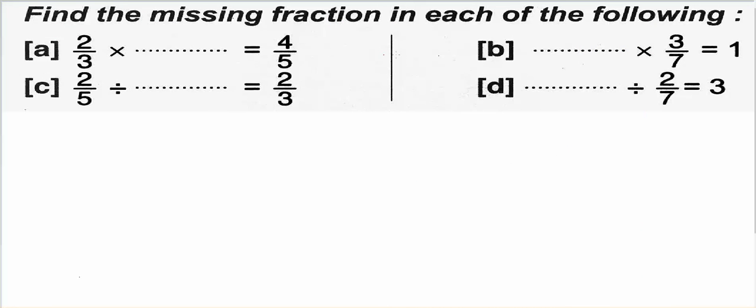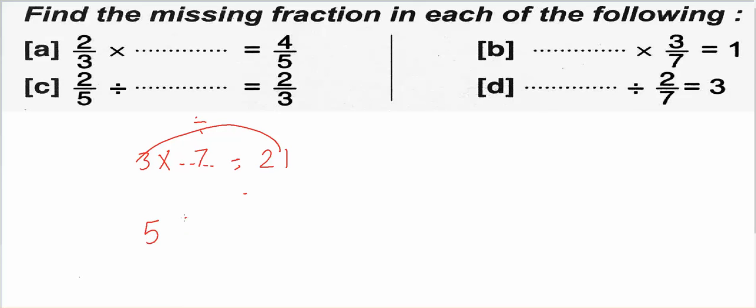Find the missing fractions in each of the following. Letter A, 2 over 3 times space equals 4 over 5. If we have an example, 3 times space equals 21, you can ask yourself 3 times what equals 21, or you can do it by division. 21 divided by 3 equals 7.